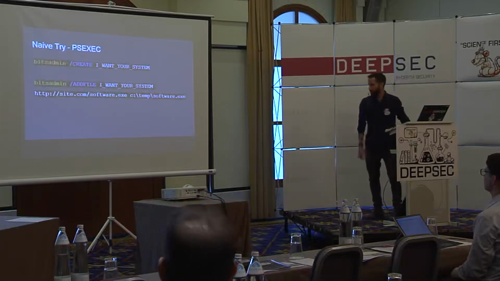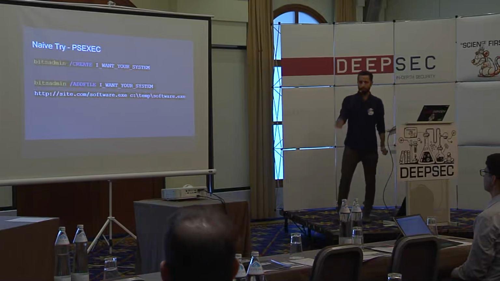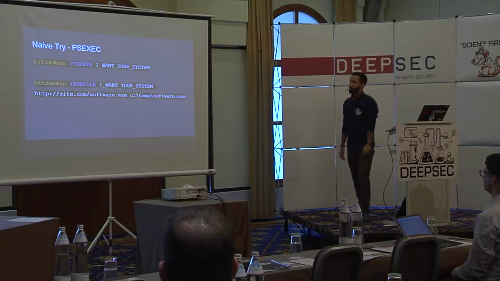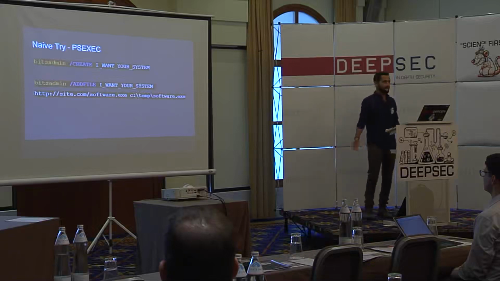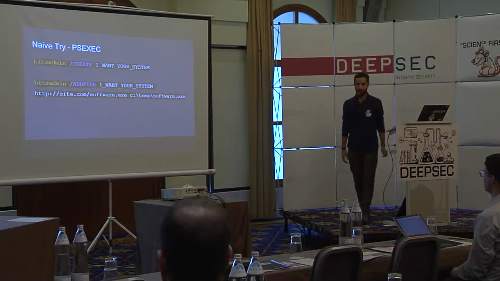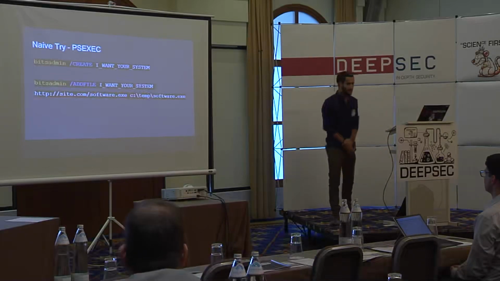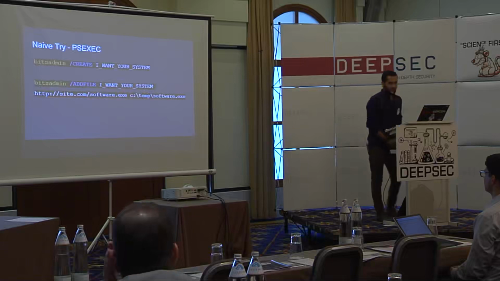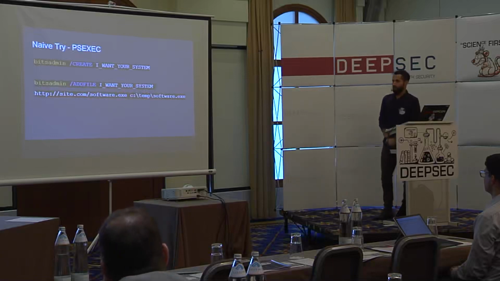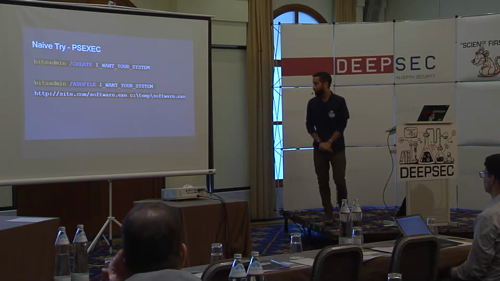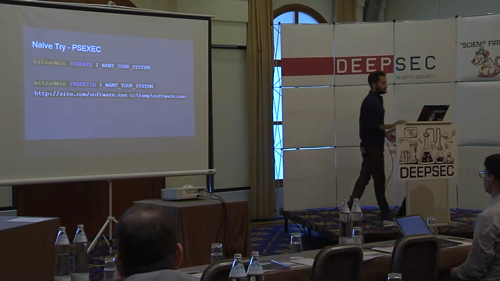So my first try, and we'll go over the flow, and that's how we're going to understand how we made that abuse. My first try was to use PsExec. When you think of ways to run as SYSTEM, there are other ways. The first and easiest is using Sysinternals PsExec to run bitsadmin, that utility, to create a new job. So I create a new job with the name I want as SYSTEM, and it is all right.